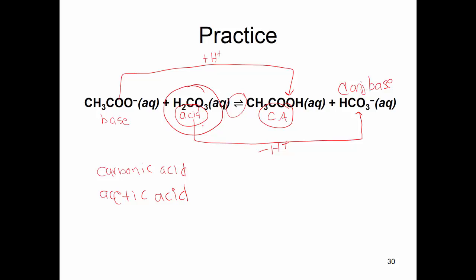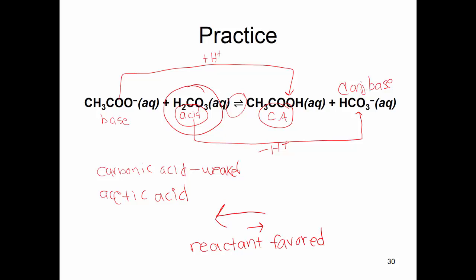Okay, and so because it is weaker, we know the equilibrium is going to drive to the weaker acid. Therefore, it's going to drive this way. Okay, and this would be reactant favored.